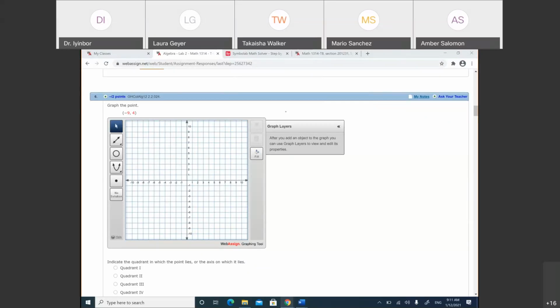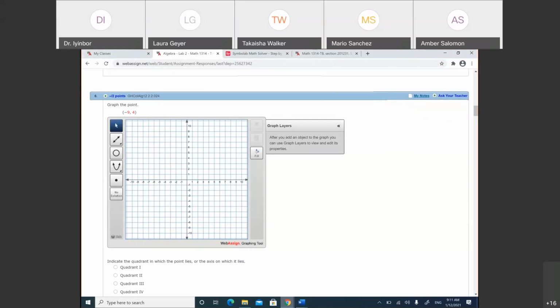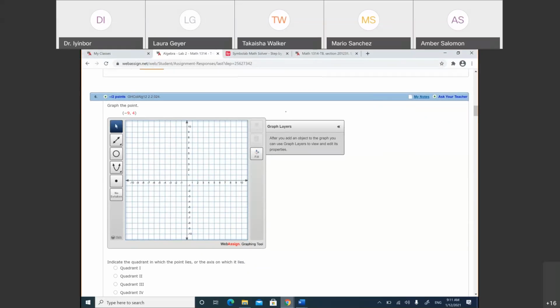Okay, so here in WebAssign, I'm going to show you how to graph points and how to graph a straight line. For example, my number 6 in lab 2: if I need to graph a point, I'm going to click on the point. I'm going to annotate first to show you what I'm doing and then I'm going to do it. So I'm going to click here first at the point because I'm going to graph a point.